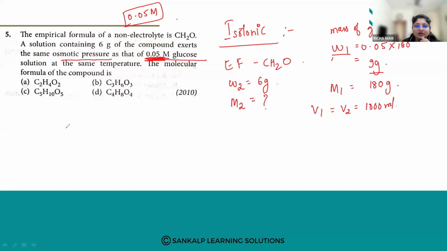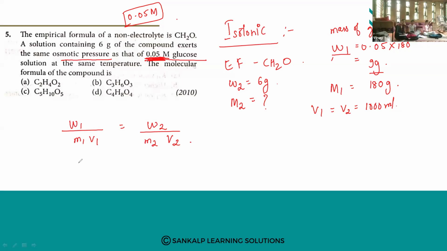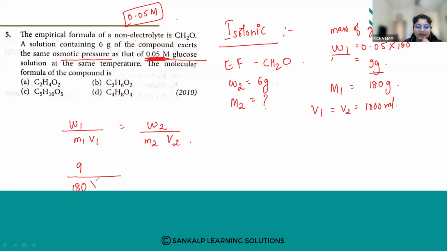Now, let us put the formula: W1 into M1 into V1 is equal to W2 into M2 into V2. W1 is 9 grams, then 180 into 1000 is equal to 6 into M2, which we don't know, into 1000. Both 1000s get cancelled.